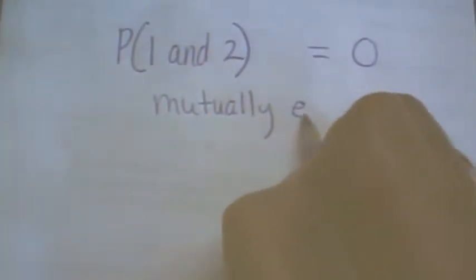The probability of rolling a 1 and a 2 on one single try is 0. You cannot get a 1 and a 2 at the same time. When two events cannot happen at the same time, they are mutually exclusive.